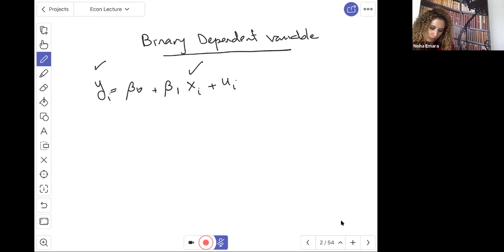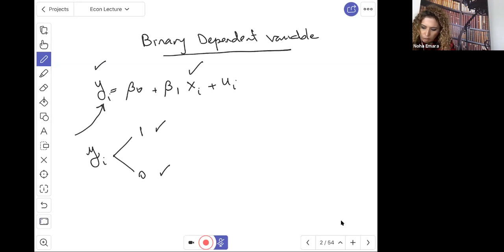This topic, however, is talking about the dependent variable. And this dependent variable is only taking 2 values. So y_i can be 1 or 0, and that's it. Okay, so something happens or does not happen.